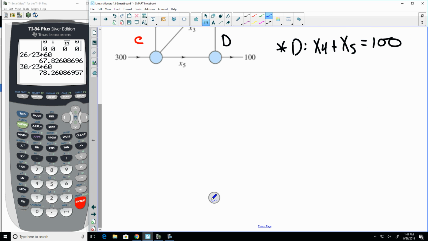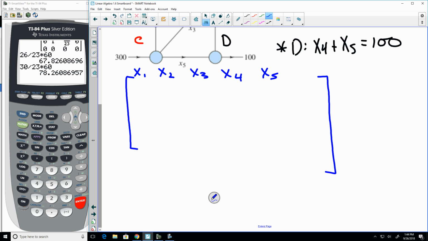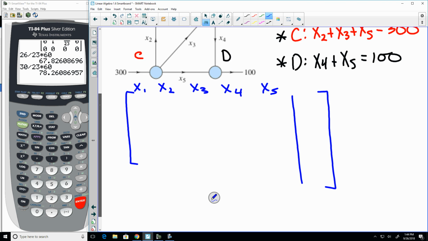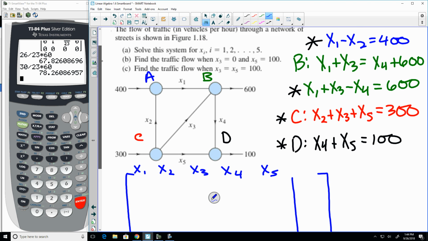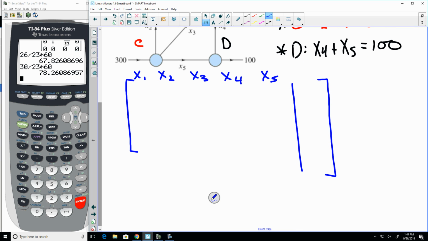All right, so our system, the big one. A: x1 minus x2 equals 400. So x1 minus 1x2 equals 400. All the other coefficients are 0.